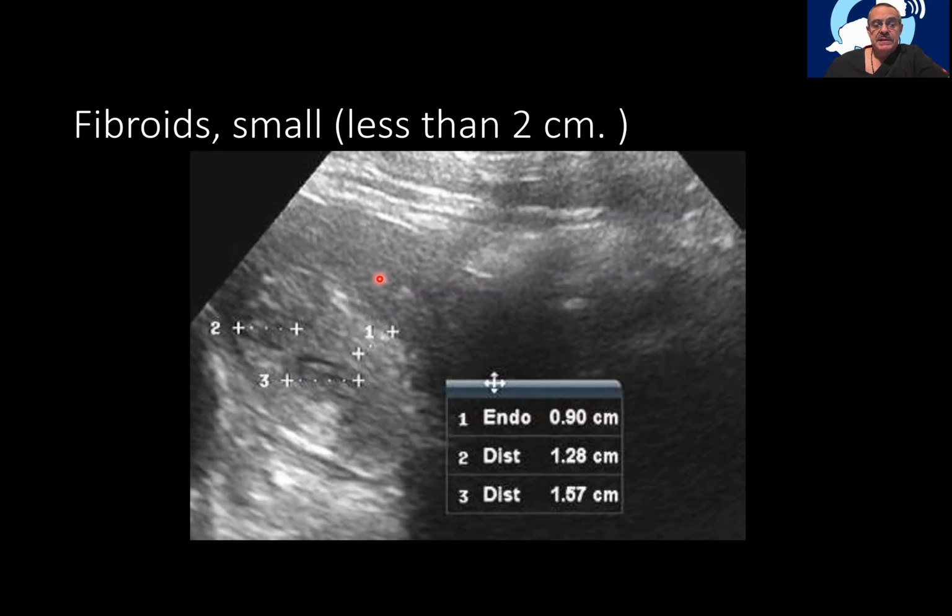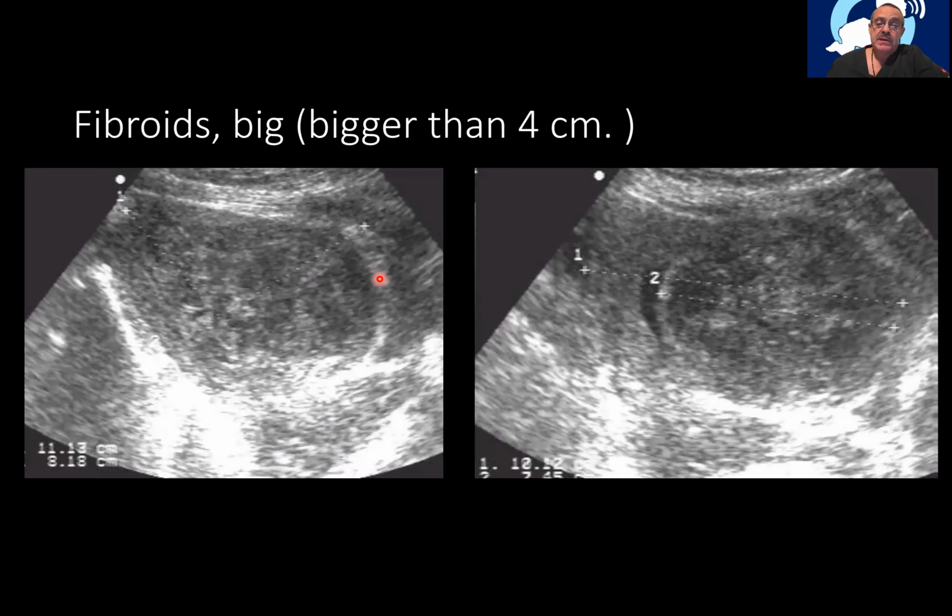Now, fibroids, we classify them as small, medium size, or big. Those are small fibroids, less than 2 centimeters in diameter. Big, bigger than 4 centimeters wide.